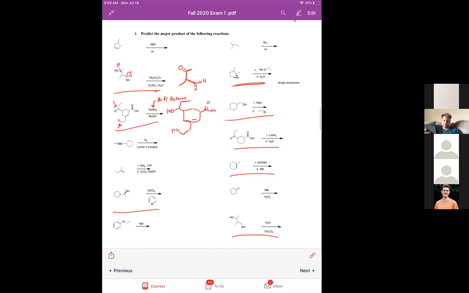SOCl2 does an SN2 to flip the stereochemistry of this alcohol to a chlorine, or sorry, to a chlorine. So we're flipping from a wedge to a dash. We've got a couple of epoxide openings. This first one is basic, so it's going to open on the less substituted end.